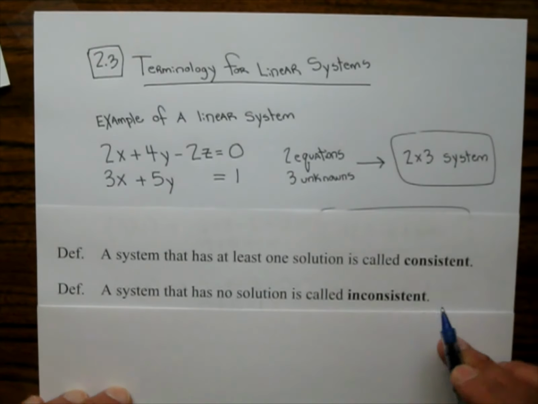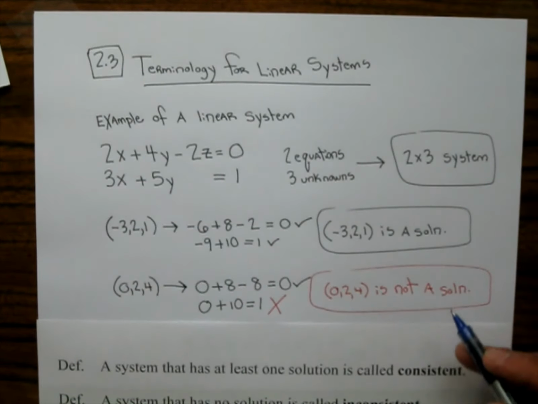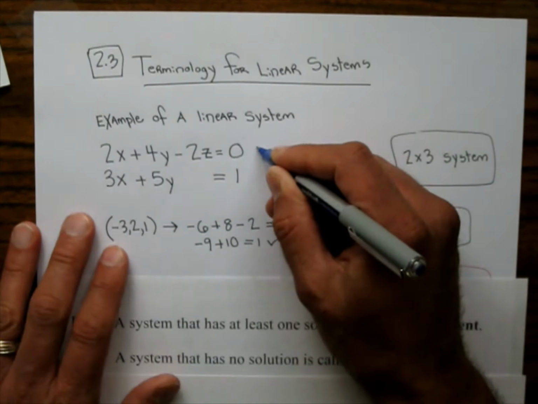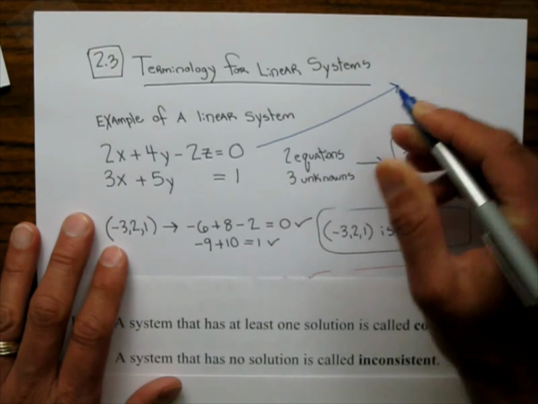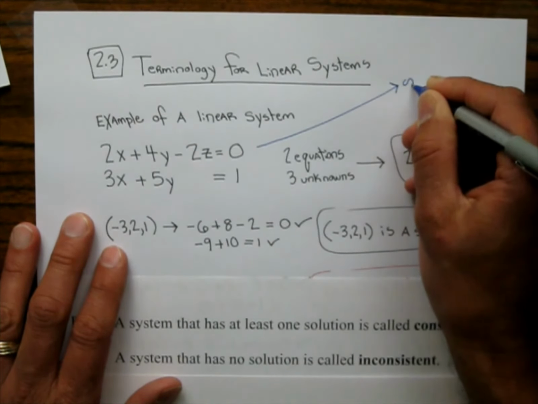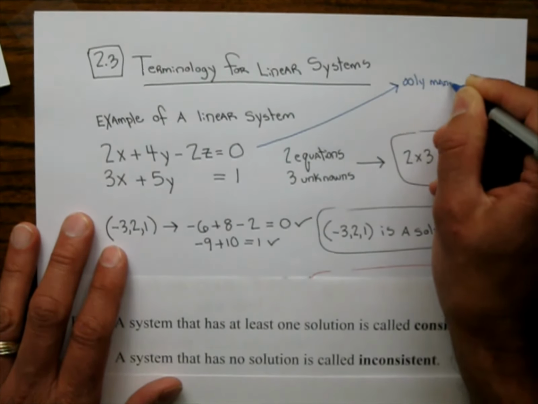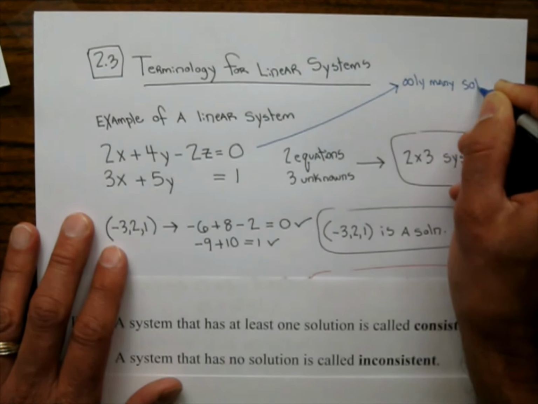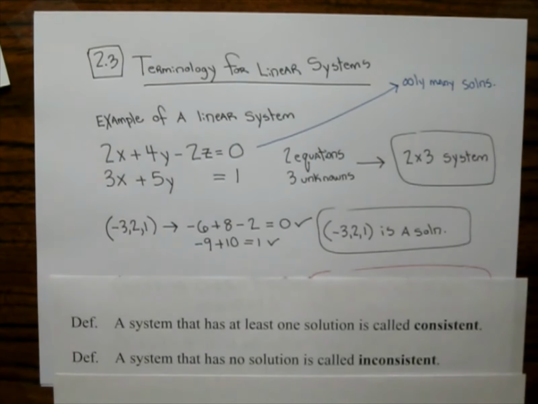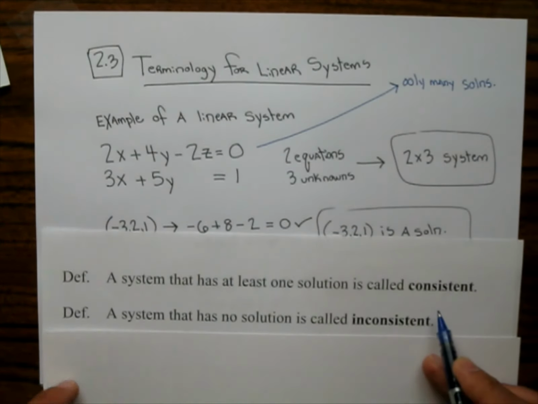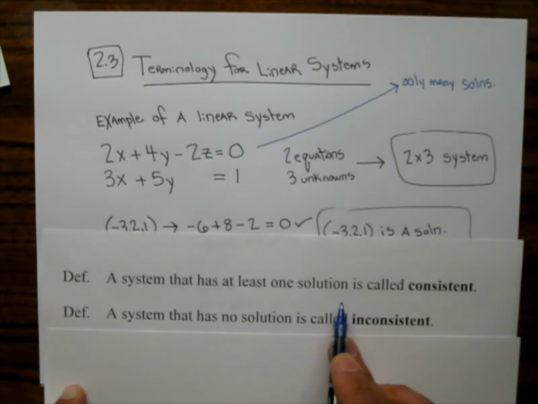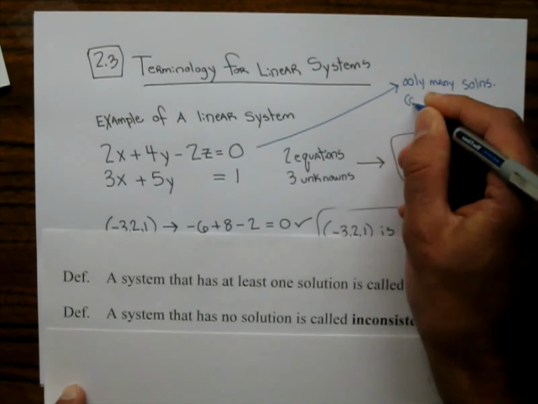So this system has infinitely many solutions, and from the definition, because it has at least one solution, it's called consistent.